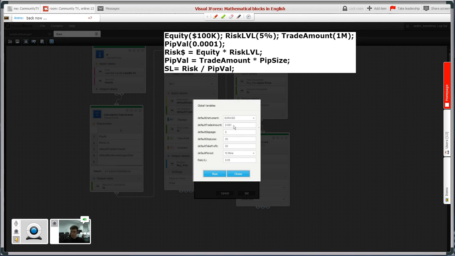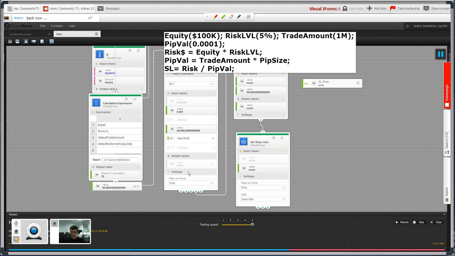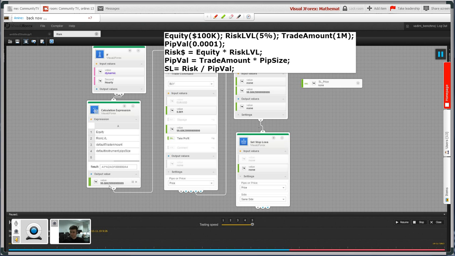Set the default amount to 50,000 and risk level once again 2.5%. Done. Stop loss price and we need stop loss level. What we can see on the chart.